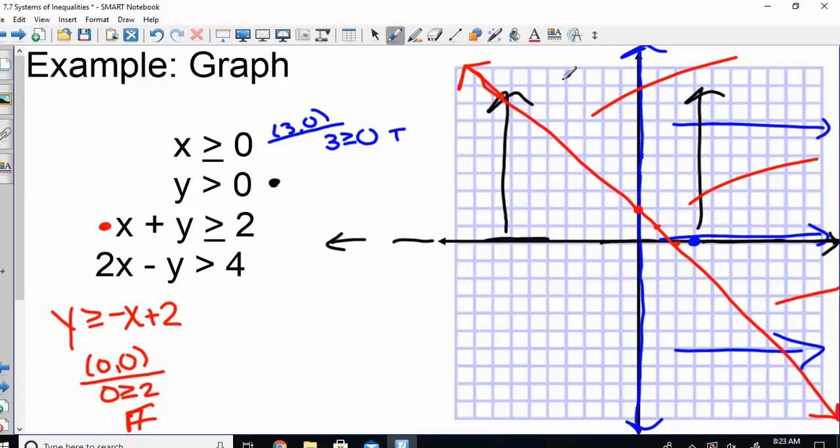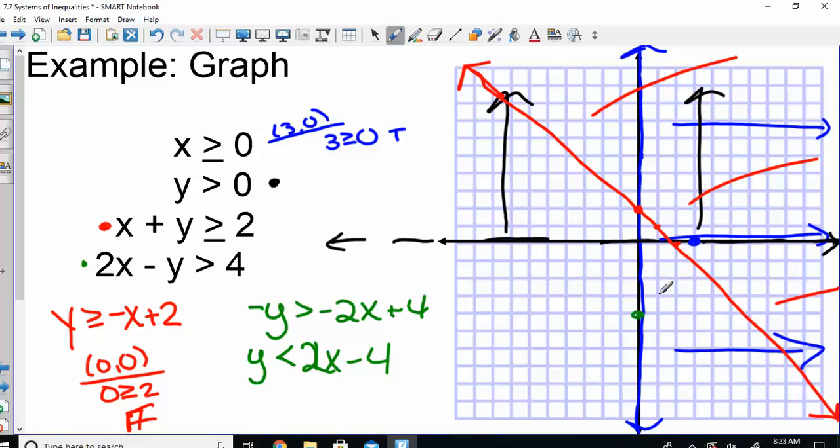One more line. So what would we do for this one? And then, which flips my inequality. Whoops. So you get y is less than 2x minus 4. Solid or dashed? So y-intercept 4, slope of 2, so up 2 over 1.